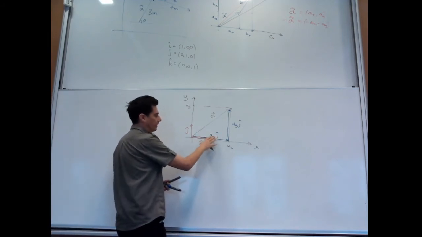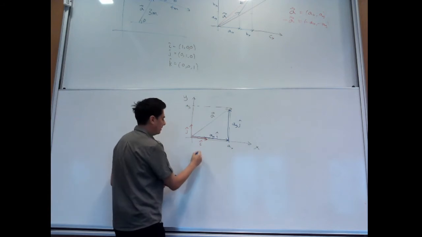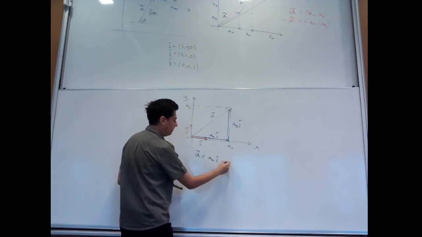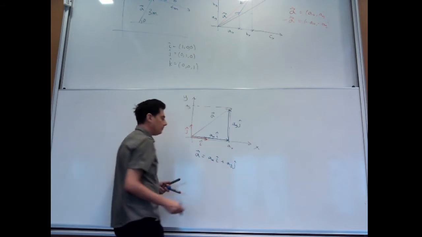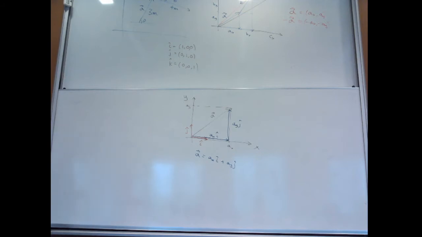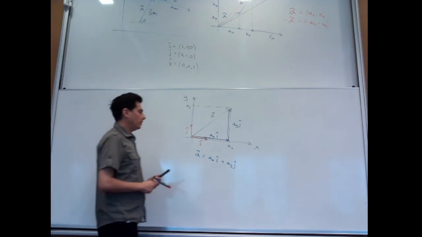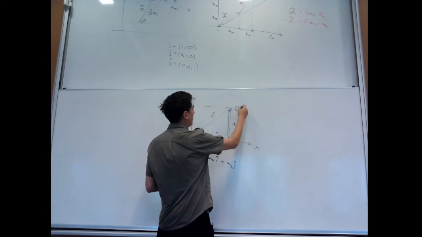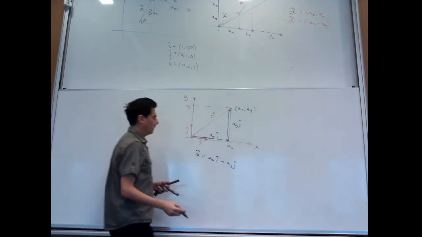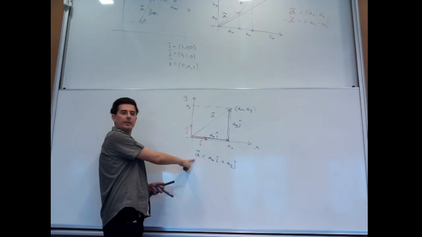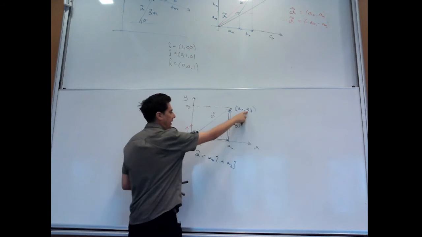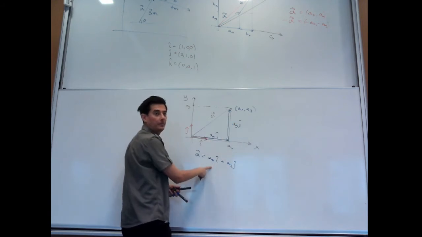This thing is just one vector, this is another vector, so we can simply rewrite A as something like that. It's kind of obvious that if this point has coordinates AX, AY, it's always like this, right? Whatever your coordinates are, just put an i here and a j here, then add them, right?